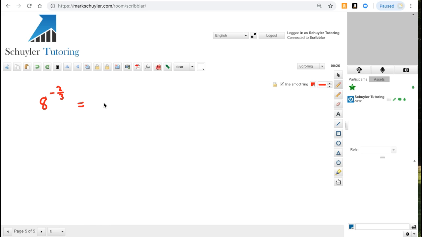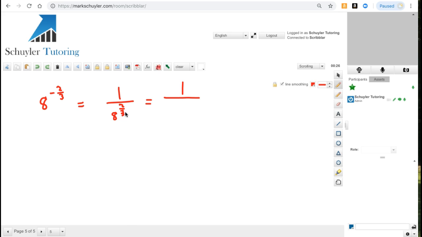You're like, oh my God, I forgot my rules about fractions. I forgot my rules about negatives. Well, take it slow. If you want, remember what the negative sign means first. It means you have 1 over 8 to the 2/3 power. Okay, that's 2/3.